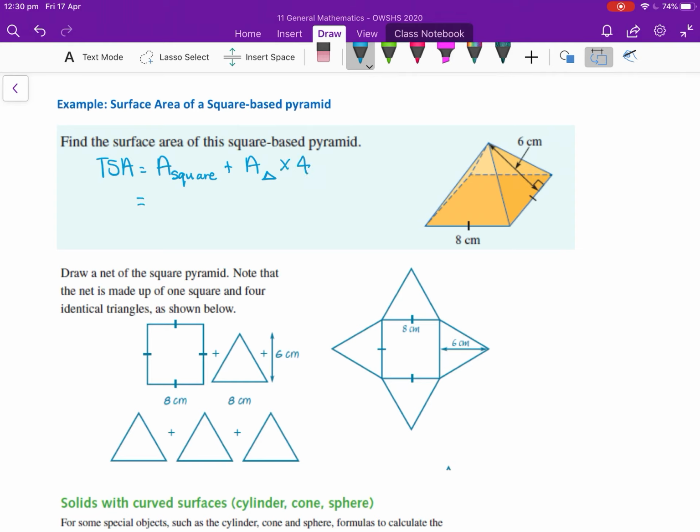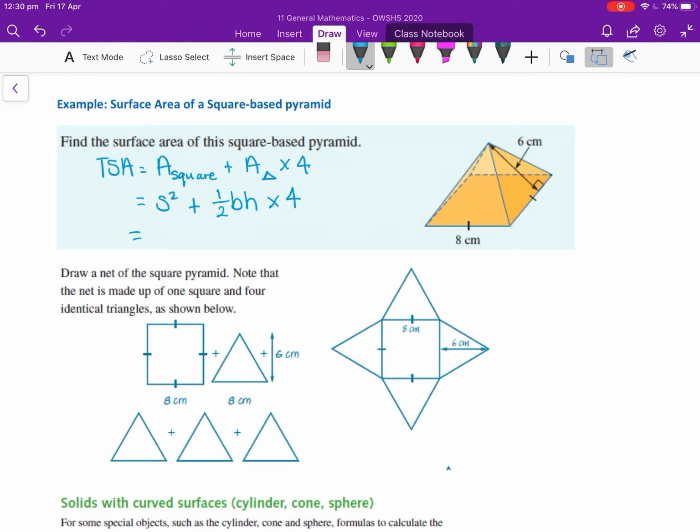The rule for the area of a square is side squared, or you can use length times width, plus the area of a triangle is half base times height, and then we multiply that through by 4.